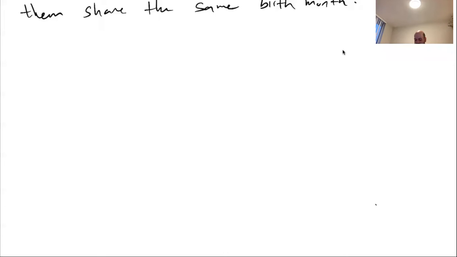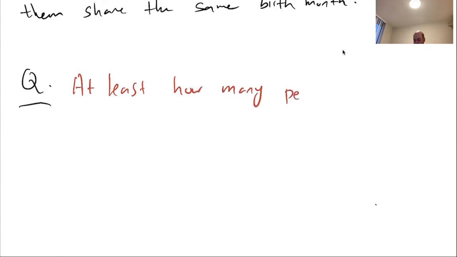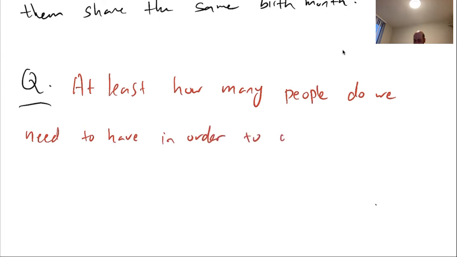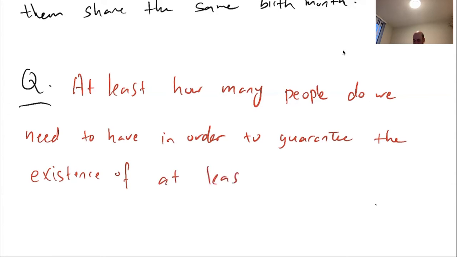Okay, the next question I want to ask here is: at least how many people do we need to have in order to guarantee the existence of at least 3 people with the same birthday?